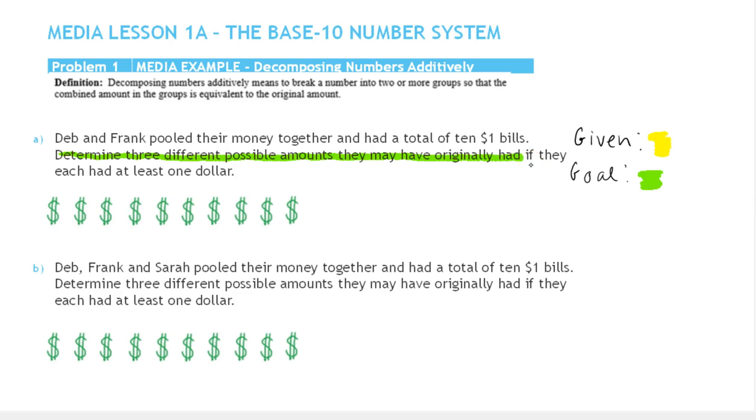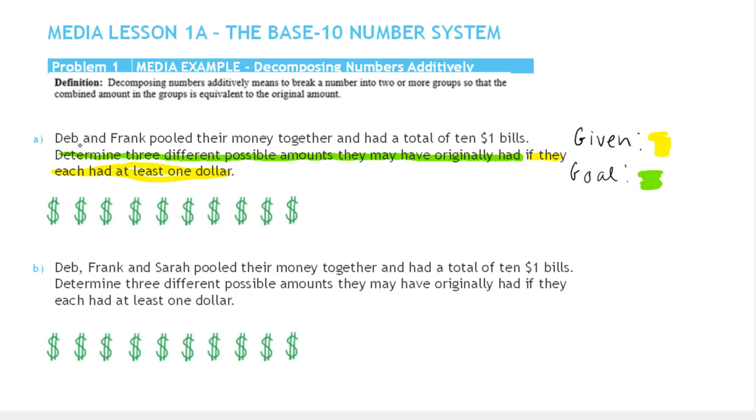And this continues on if they each had at least $1, but that's not really the question. That's something that's given. That's a restriction it's placing on our goal. So now I'm going to change the highlighter, and I'm going to mark this as a given. So we're given that they each had at least $1.